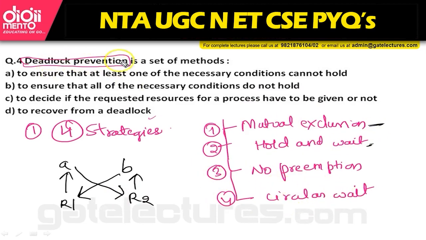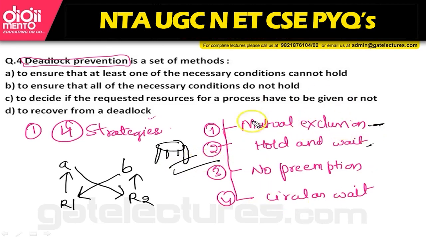Now they are saying deadlock prevention is one of the four methods which I have told you. They are asking which one of the options is right. So in deadlock prevention, this is the shortcut I'm telling you: just imagine these four conditions as a table with four legs. If you break any one leg, that will help.